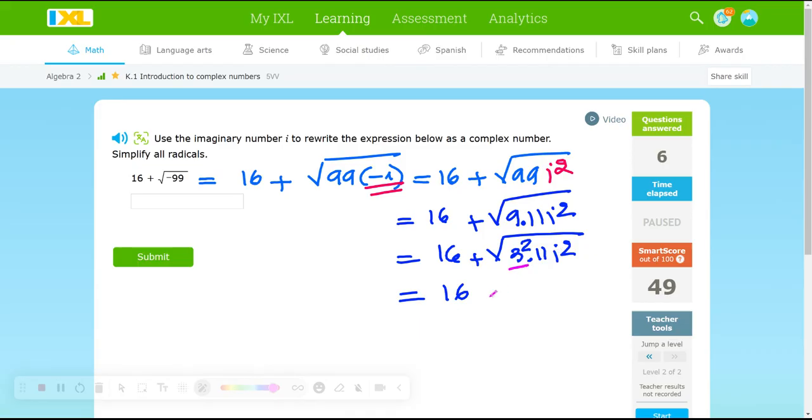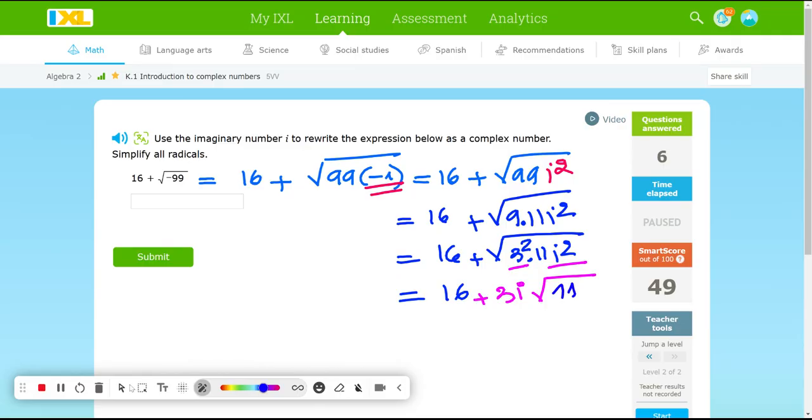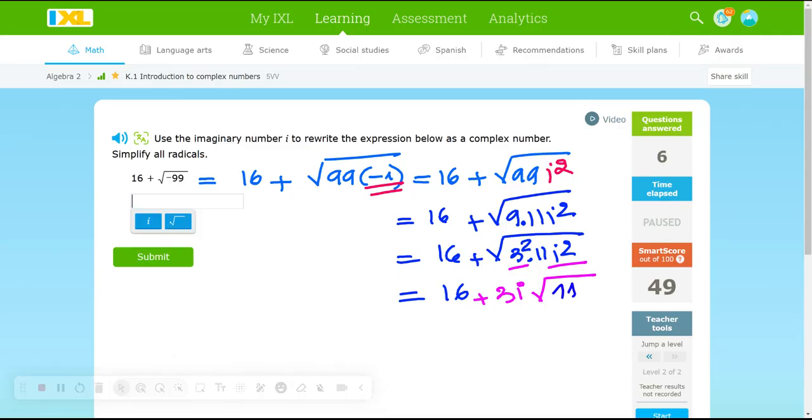I can take 3 squared outside, it's only number 3. And then i squared, I take it outside, it's only i. So the only thing that you cannot take outside is the 11. That's it. Okay, that is your answer. So let's put in the box. 16 already outside, plus 3i, and then square root of 11. Voila.